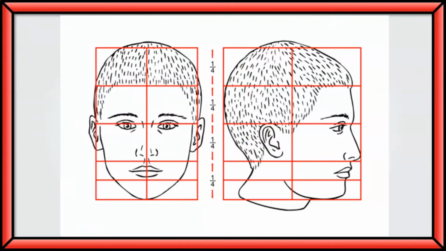So let's take a look at this drawing. This is a fairly realistic looking boy, and he has a line of symmetry, meaning the left side and the right side are pretty much symmetrically balanced. The eye line is in the center of the space from the top of the head to the chin. The nose line actually is halfway between the eye line and the bottom of the chin.